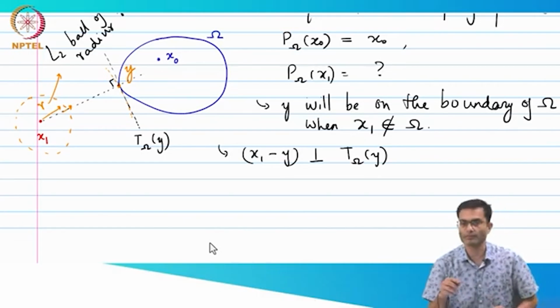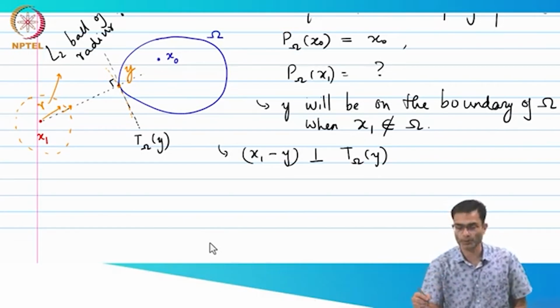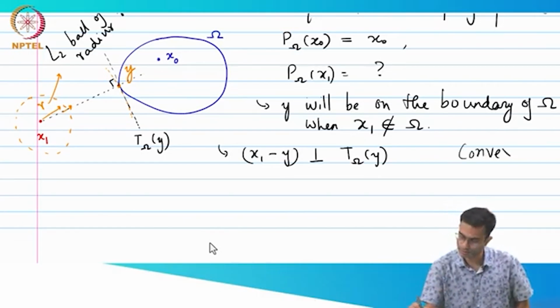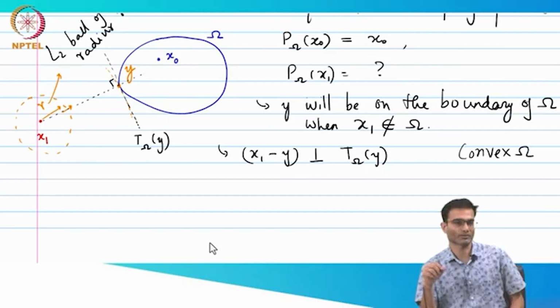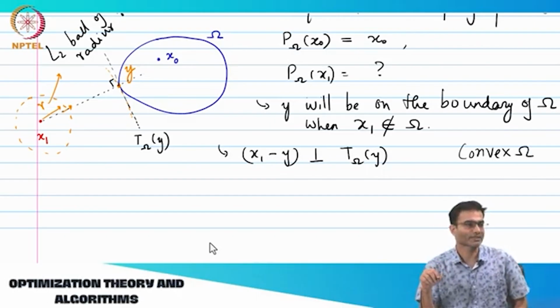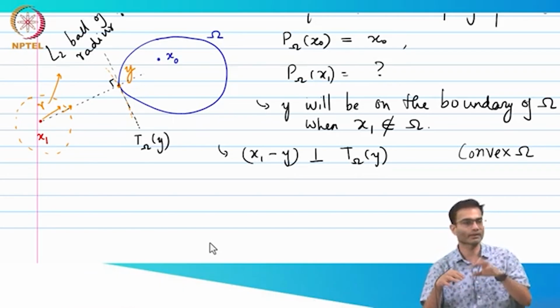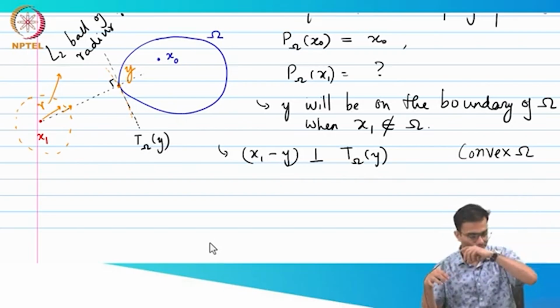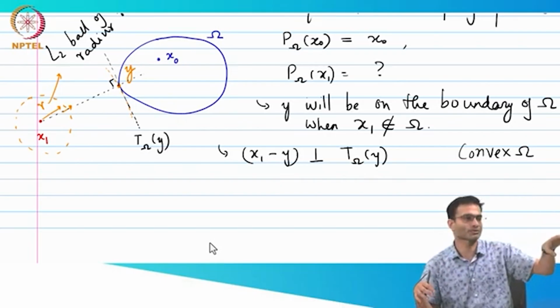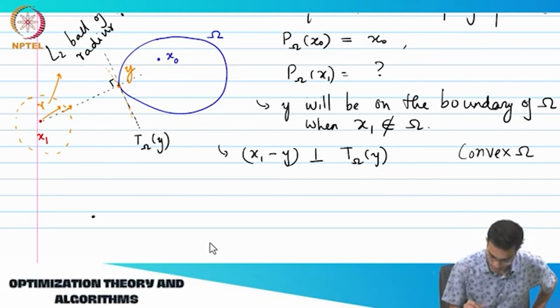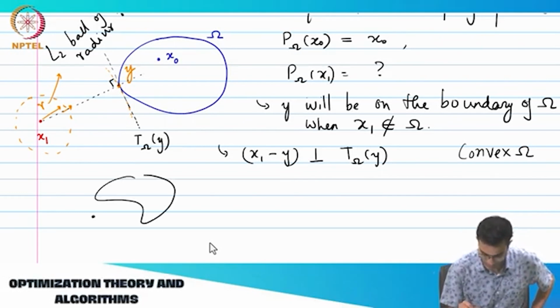Notice that I have written all of these properties for convex things. If the set is not convex, all sorts of strange things can happen, right? So supposing this is my point and my set is like this.